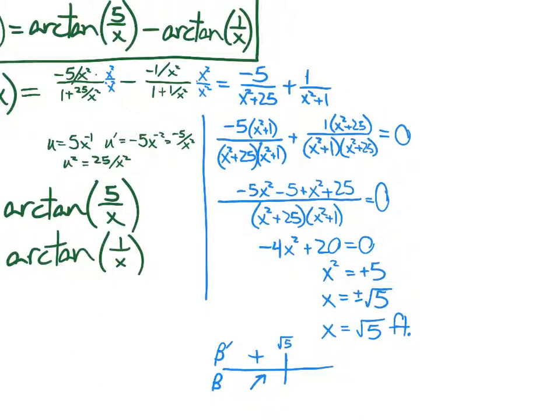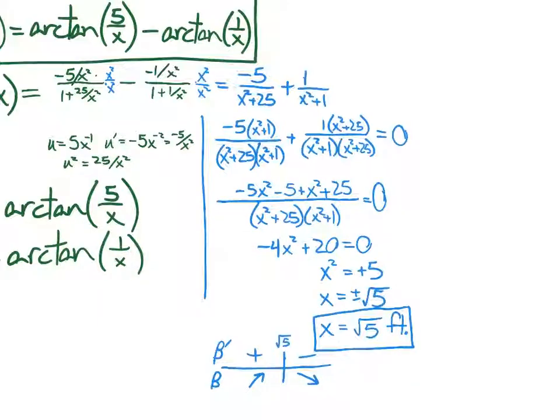That actually comes out to negative 0.047 and so on. So that is what we were hoping it would be. It's negative, so that means we're decreasing. So that does confirm that we have a maximum when x is radical 5.